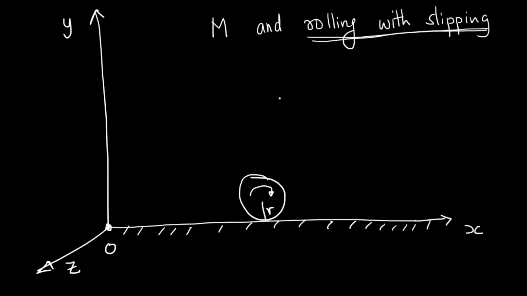So what does that mean, and how does it enter into the way we are going to solve this problem? And it is given that the velocity of the center of mass is known.